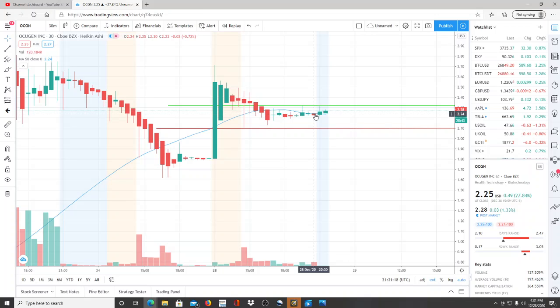It means there was more selling, or more outflow than inflow, based off of what the candlestick is showing us. It's showing us 120,000 shares bought and sold in that time frame, and it's a red candlestick and it went down. So that means that there was more outflow.